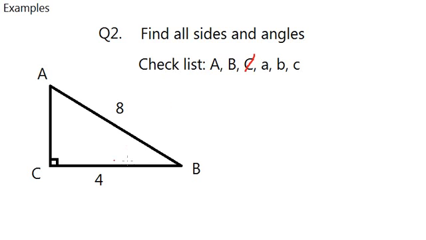Now we need to find, if we know side a, which is the opposite of angle A, and we do. This is 4, and so we can cross A out. Then now we have the hypotenuse, which is the opposite of the 90 degrees, which is c. There we go. So now we just need to find 3 things. Doesn't sound difficult, does it?